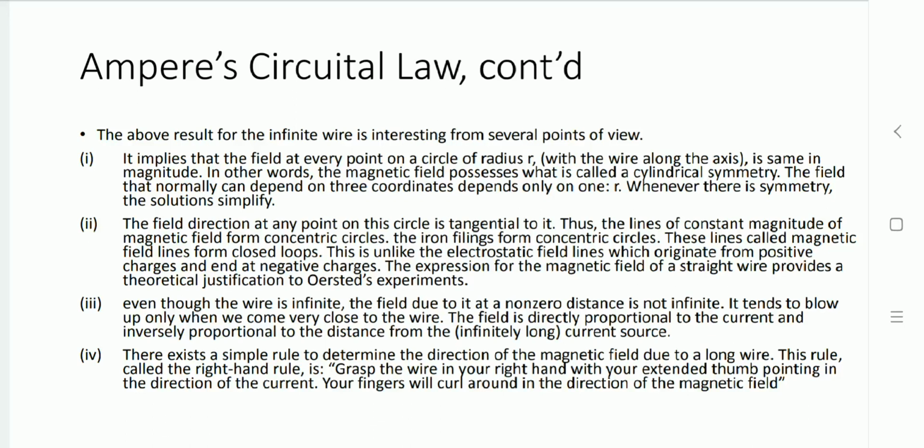Fourth point, while we determine the direction of the magnetic field due to the long wire, we use the right hand rule. Grasp the wire in your right hand, with your thumb extended pointing in the direction of the current.